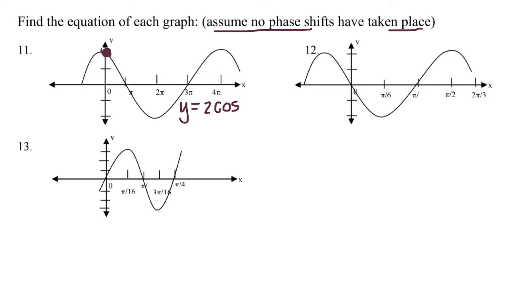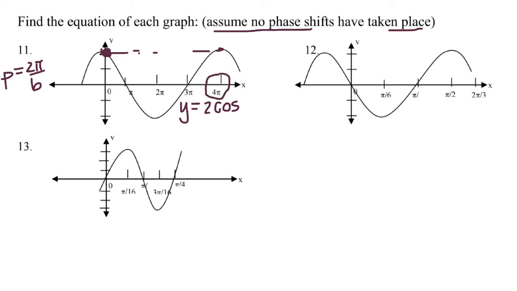Now, it would be good if I could figure out what the period is. And remember the period, 2 pi over b. So let's look to see if we're starting here, we don't repeat until we're way over here at 4 pi.